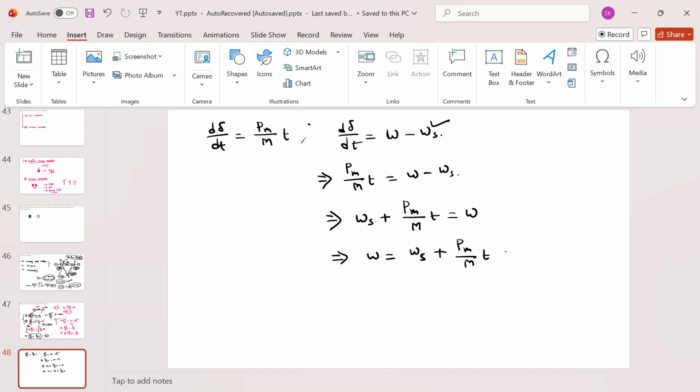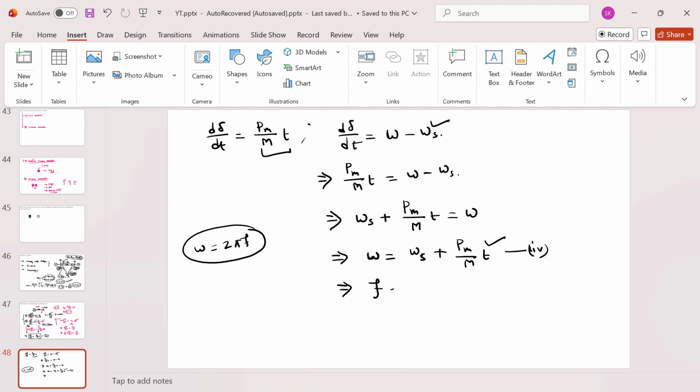This equation depends on time. If time is increasing, the relative velocity is also increasing, and so is the rotor speed. If I write this equation in hertz, omega is nothing but 2 pi f, so just divide it.